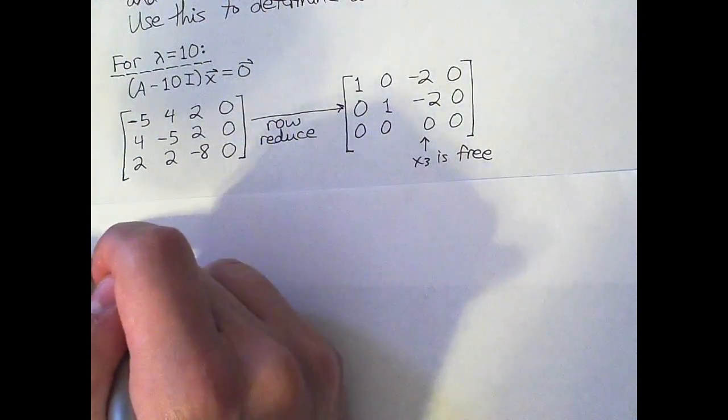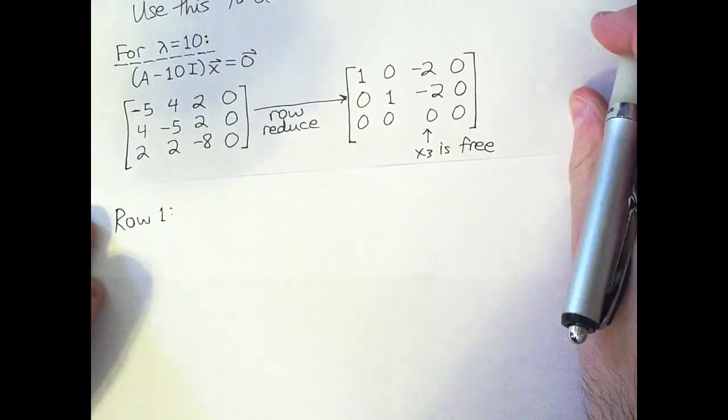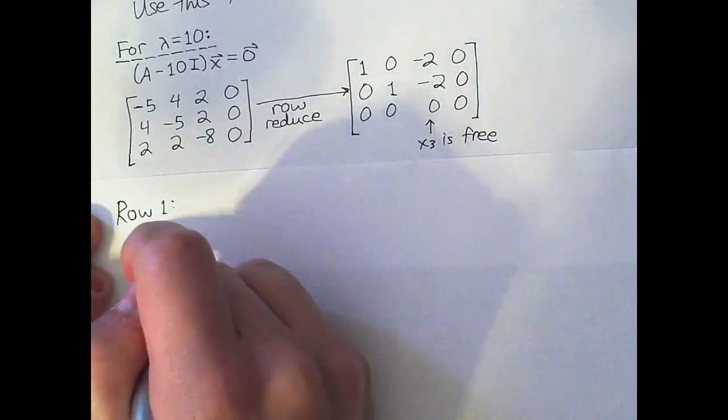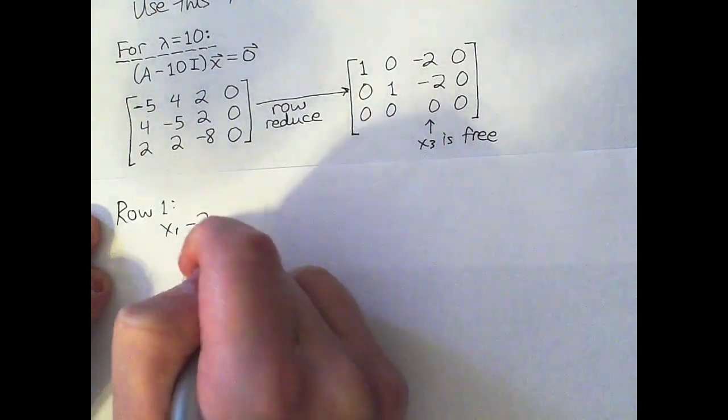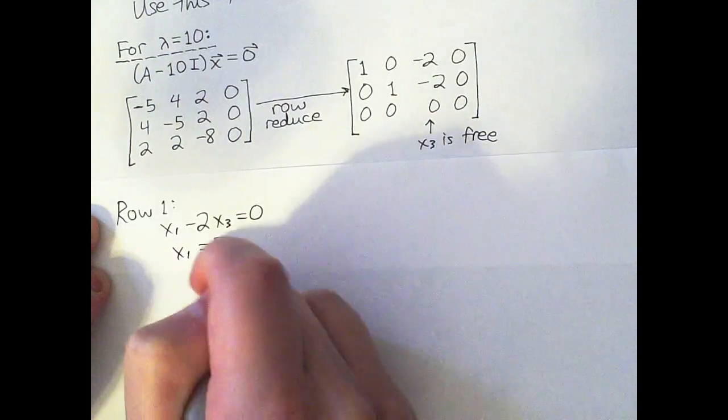So what does row 1 tell us? Usually I would start with row 2, but I guess it doesn't matter. x1 minus 2x3 equals 0, so x1 equals 2x3.